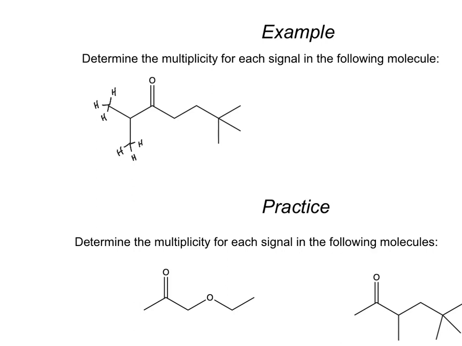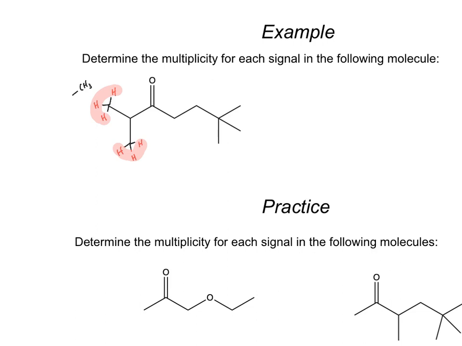I'm going to start out here at the left. Out on the end I have a methyl group, and we already know that all methyl protons are equivalent with respect to one another. But we should also note that in this isopropyl group, they're also equivalent with these, because this bond can rotate.